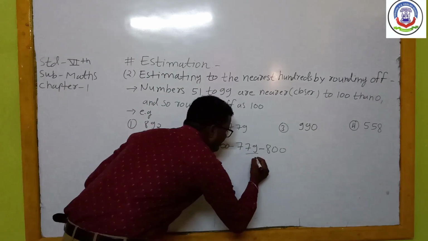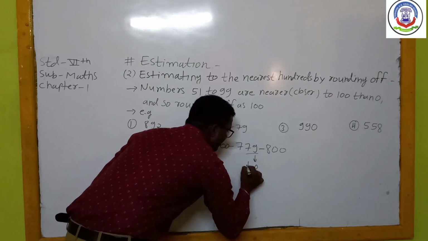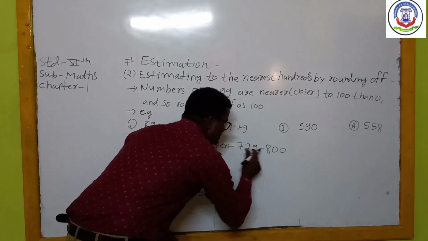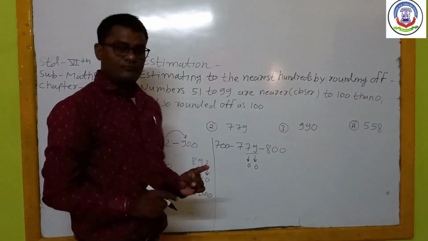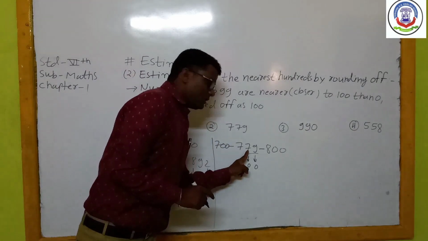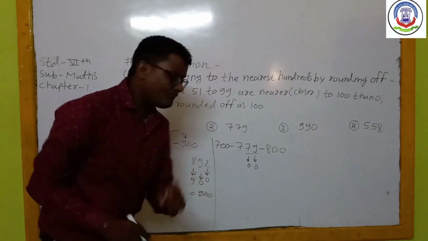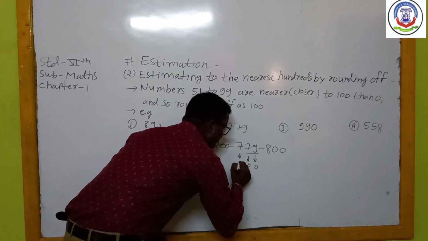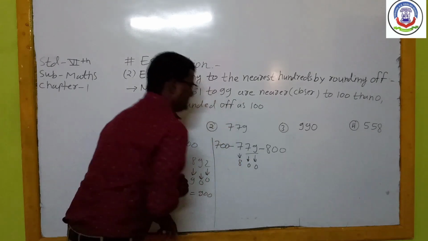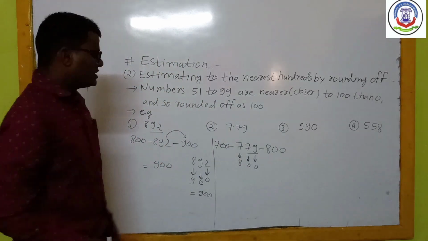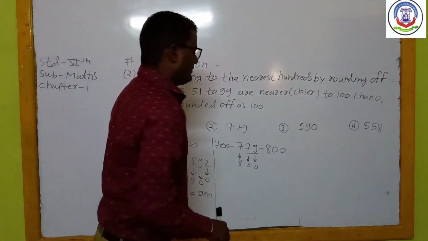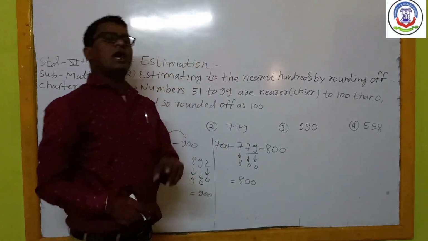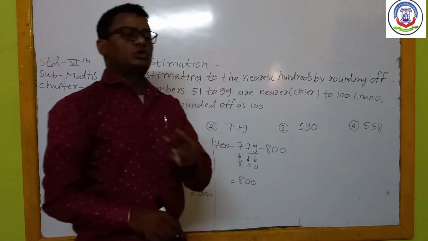They will become 00, and we will add 1 to the hundreds place digit, so it will become 8. Okay students, so our required rounded off number is 800. You have to remember both tricks.